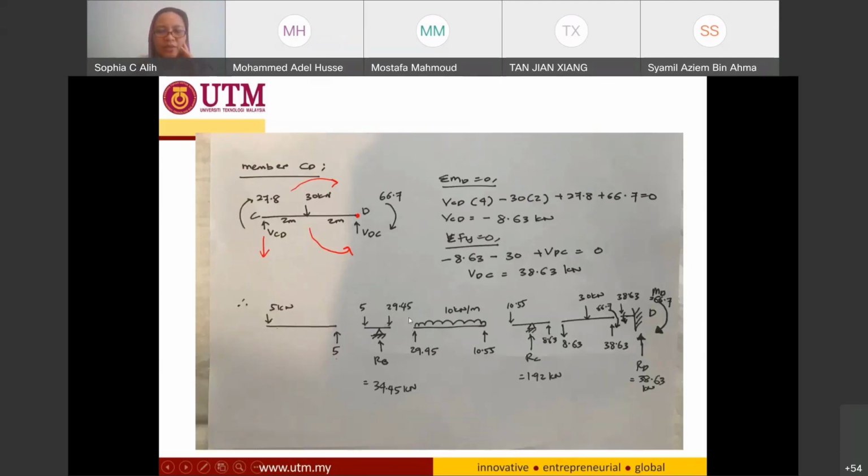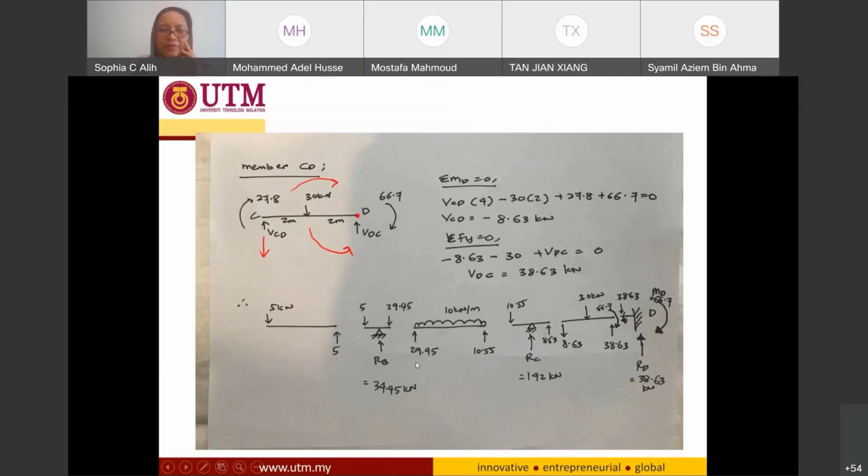To balance this one, a similar amount in the opposite direction, 29.45. To balance 10.55, I need to introduce 10.55 going downward over here. Based on my calculation, this one is pointing downward, 8.63, so this one should be pointing upward, 8.63, and this one 38.63 pointing upward. So at the other end, I need to have something pointing downward, 38.63.